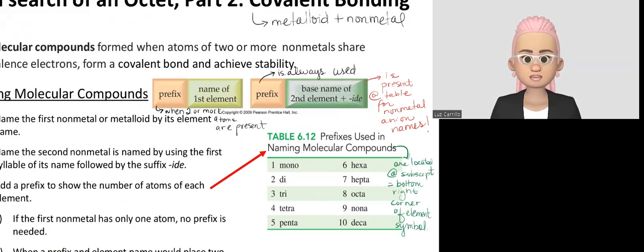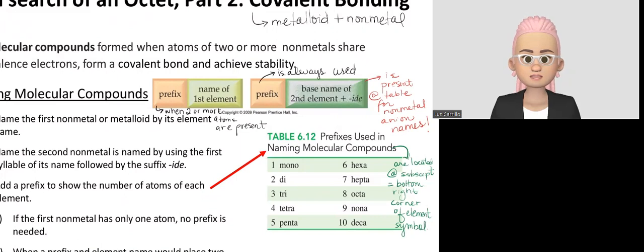And as you can observe, if you have a subscript of 1, remember that a subscript of 1 is omitted. So be careful when you're looking at a chemical formula and you don't see a subscript. Remember that the subscript of 1 is there, but it's implied because subscripts of 1 are omitted.